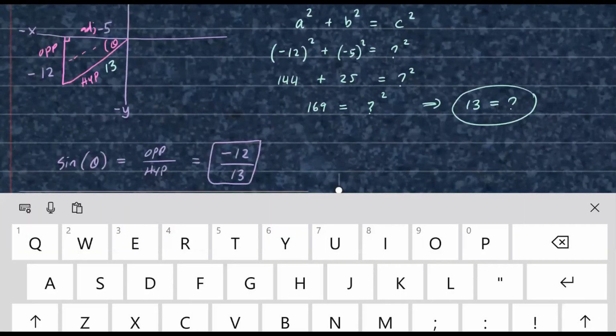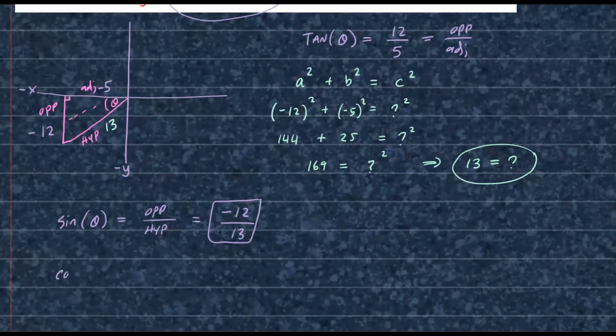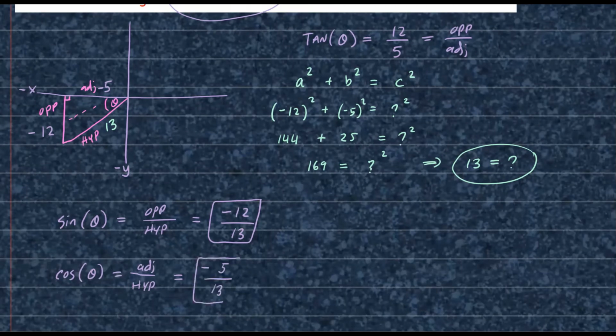Now, what about cosine? Cosine of theta is equal to adjacent over hypotenuse. So adjacent is negative 5 and hypotenuse is 13. So that's the exact value for cosine. Tangent we're already given.